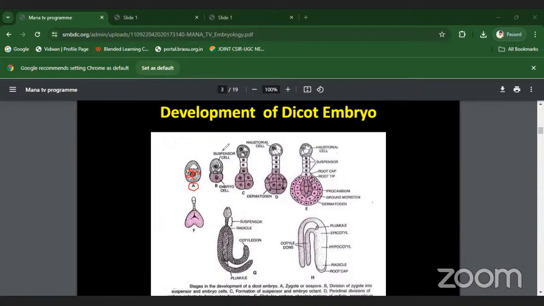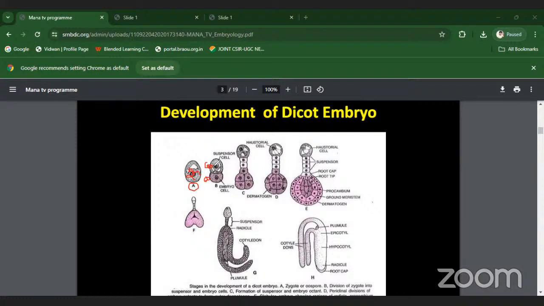In angiosperms, the zygote divides transversely and forms an apical cell, or CA, and a basal cell, CB. The apical cell is always toward the chalaza side and the basal cell CB toward the micropyle side.